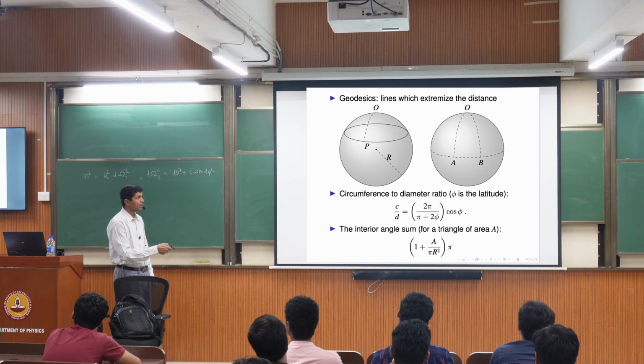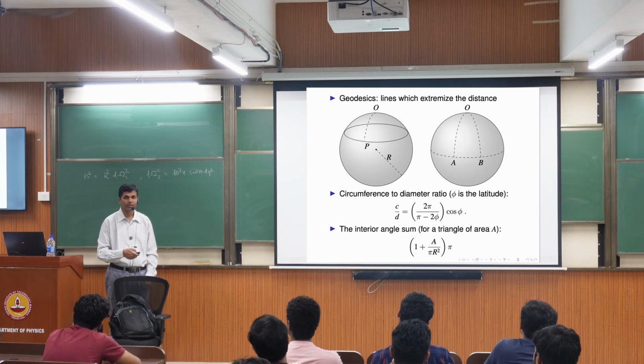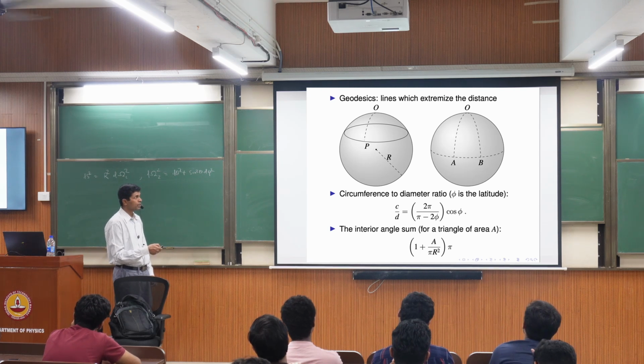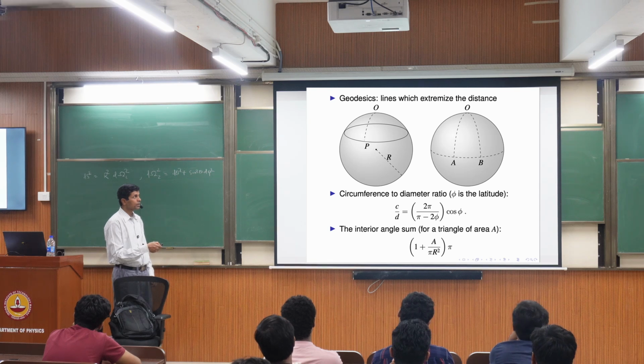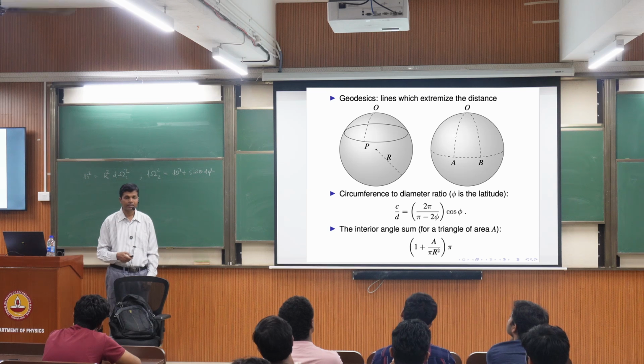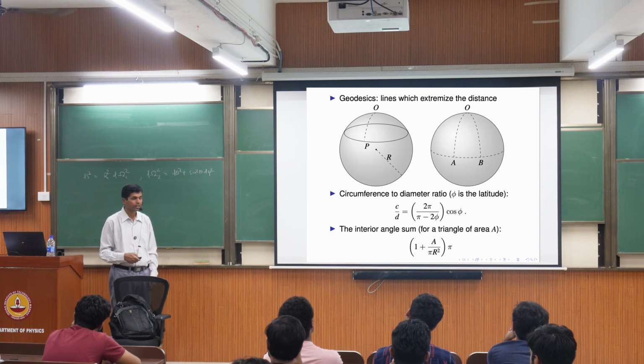And similarly, a circle on the surface of a sphere you can form by considering an origin, and then you consider the set of all points which are at a fixed distance from the origin. Okay, so that is a circle.